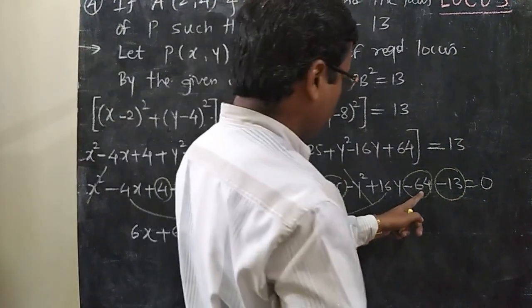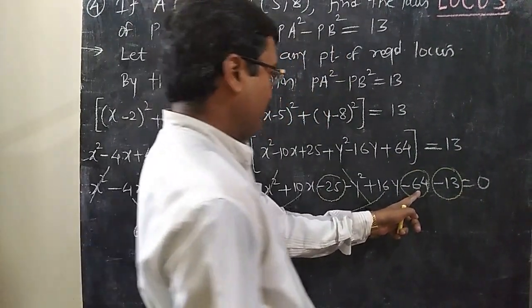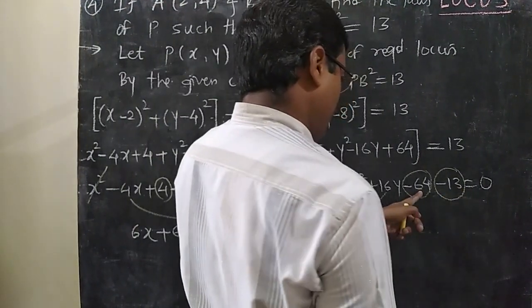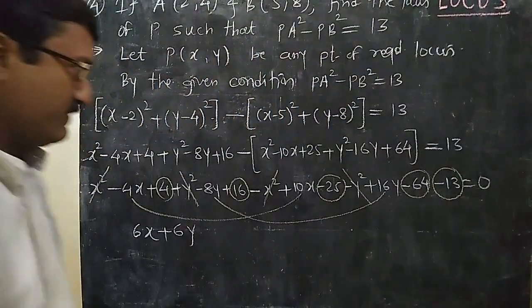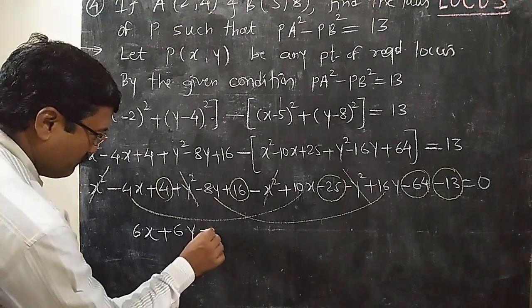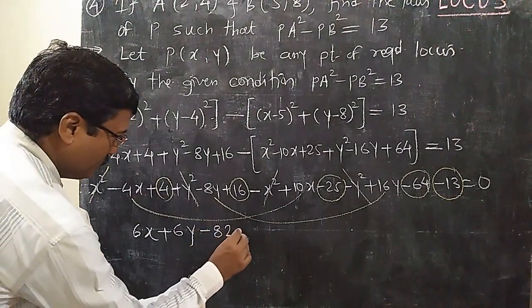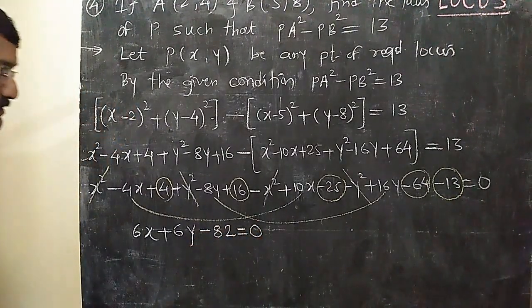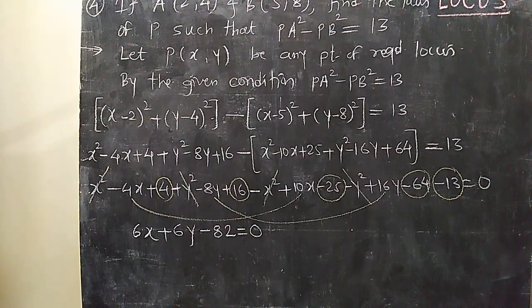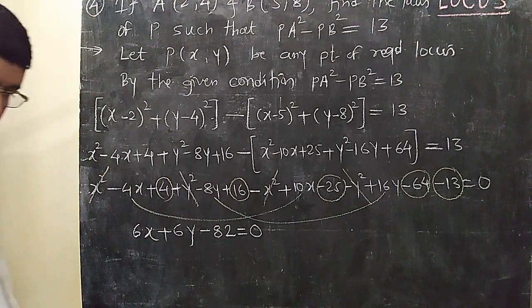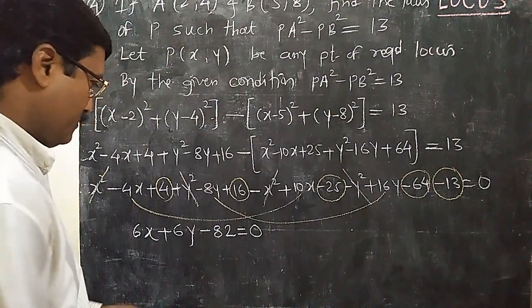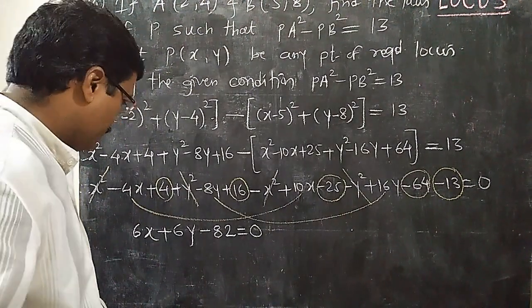Minus 5 minus 64 is minus 69, and minus 69 minus 13, that is minus 82, equal to 0.